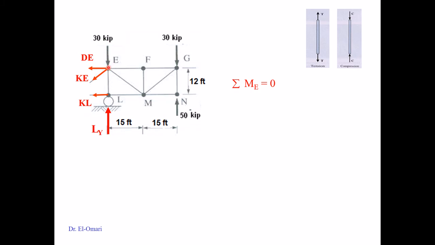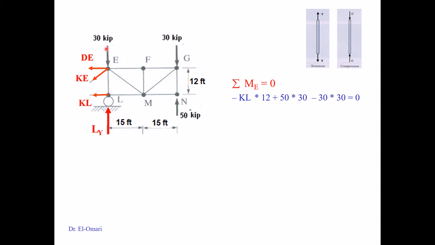Also, you get rid of this 30 and Ly because their line of action passes through the point of rotation. So then you will have only that KL, also counterclockwise is positive.